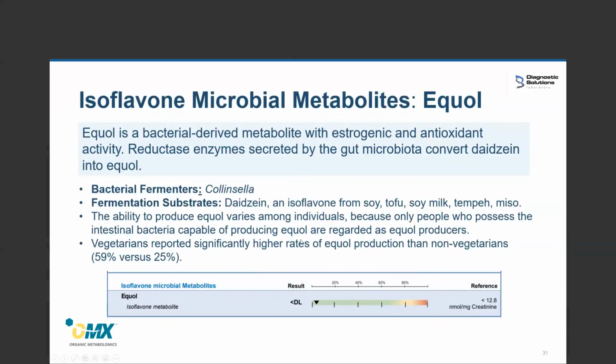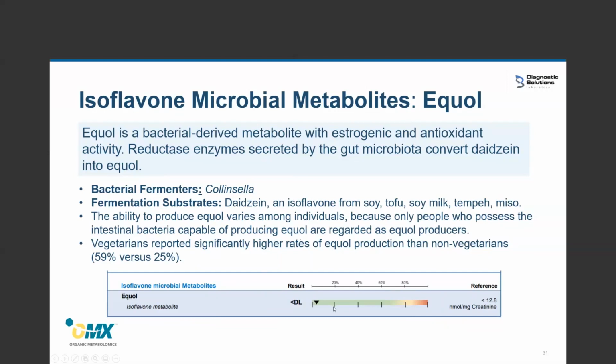If you grew up in a population that ate a lot of soy and tofu, then your bacteria would develop that way, and you would be more likely to be an equol producer. Vegetarians are more likely to be equol producers than non-vegetarians. I've seen one study where they tried to convert people, and they did some.